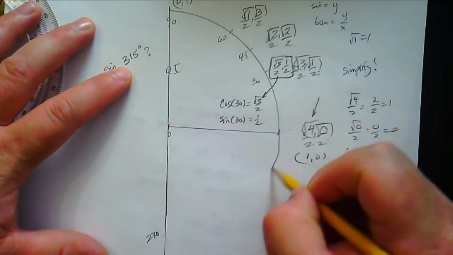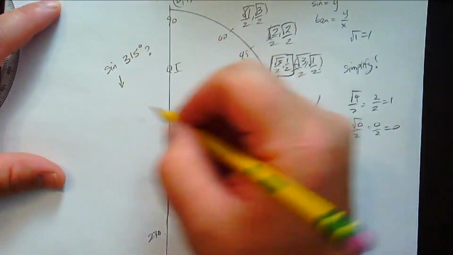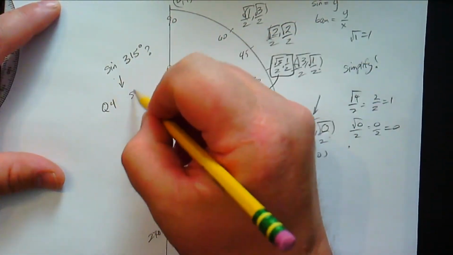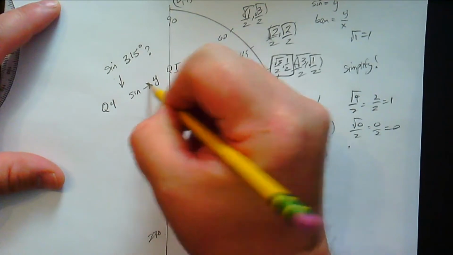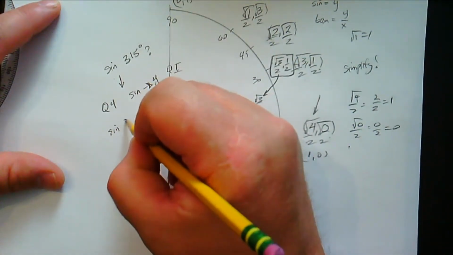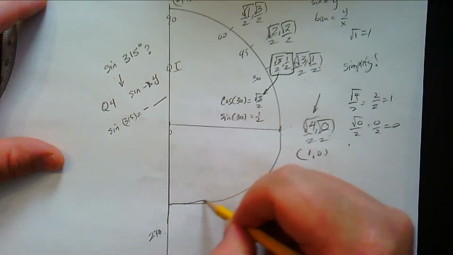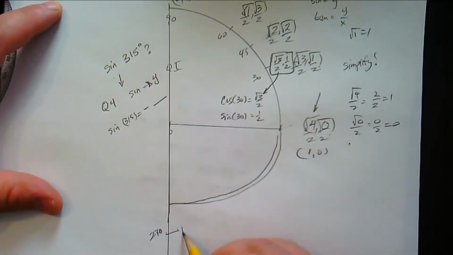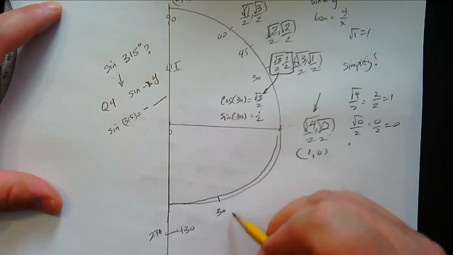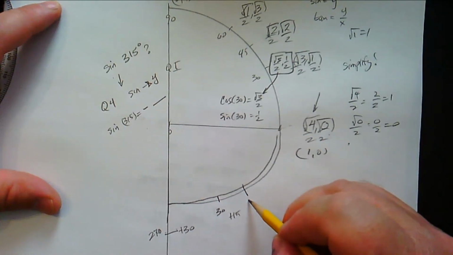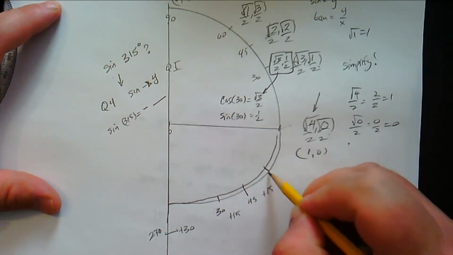So now, let's say we wanted to figure out what is the sine of 315 degrees. Well, 315 degrees, that's between 270 and 360. So that is in the fourth quadrant right there. And sine is Y, and in the fourth quadrant, Y is negative. So let's just go ahead and do our 30, 45, 60 past 270.